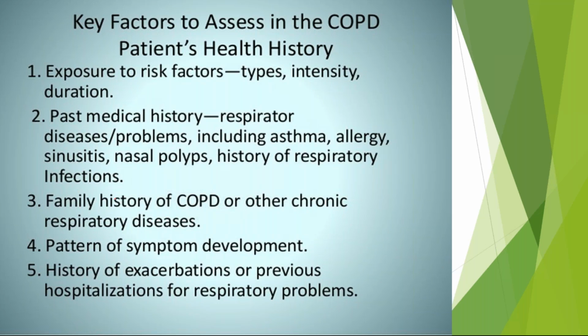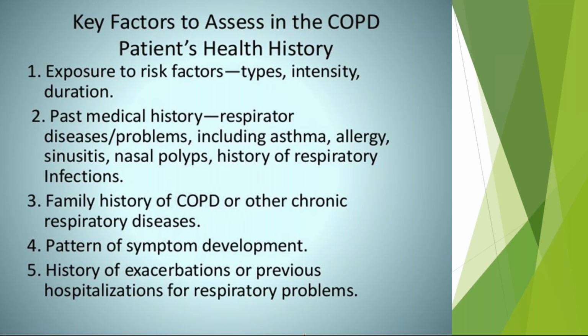As one of the common causes of COPD is alpha-1 antitrypsin deficiency, we should inquire about COPD in the family history. And coming to the pattern of symptom development, on the basis of symptomatology, we can differentiate whether it is the chronic bronchitis variety or the emphysema variety. In chronic bronchitis, there will be more cough, whereas in emphysema, there will be more dyspnea.